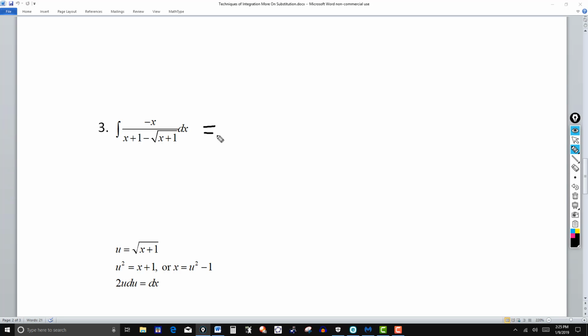So in this particular case, then, make the substitution for x. So it's minus, and then x by this substitution is u squared minus 1. This is du.